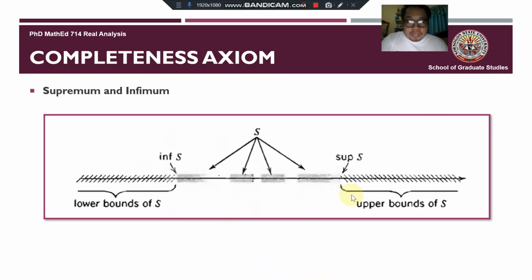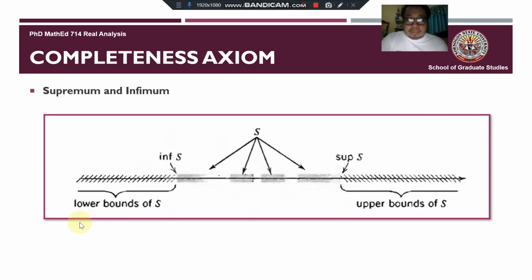As you can see here on the right side of set S, we have the upper bounds of S, which starts from the supremum of S to positive infinity, or to the right.